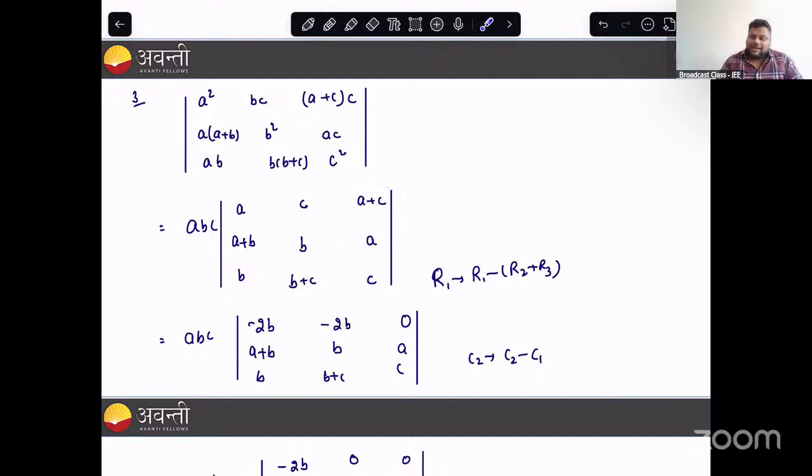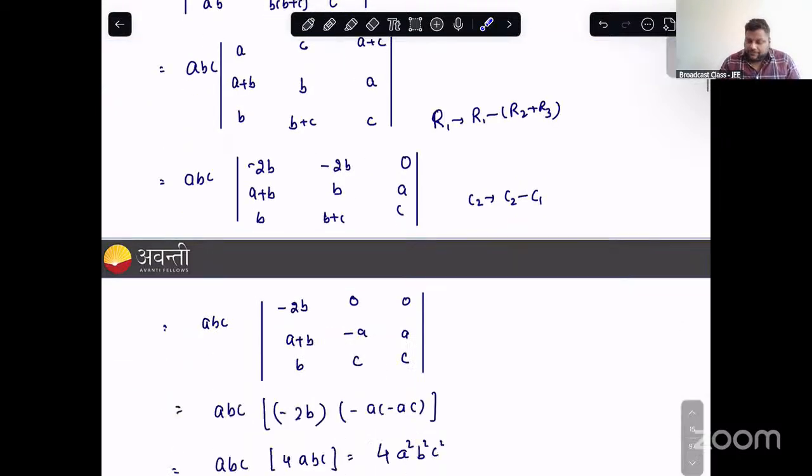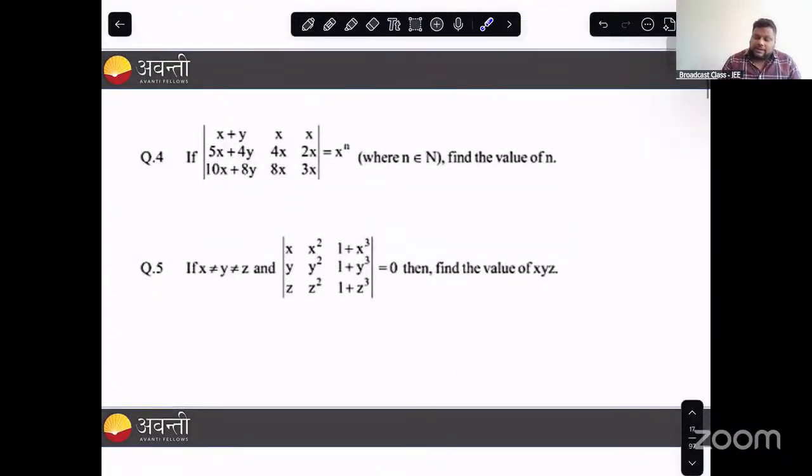Once I applied that, automatically I get minus 2b here. So if I further subtract them, I'll get 2 zeros. These things will come from practice. They won't come the next day. Now try question number 4. If the expansion of this determinant is x to the power n, then find the value of n.